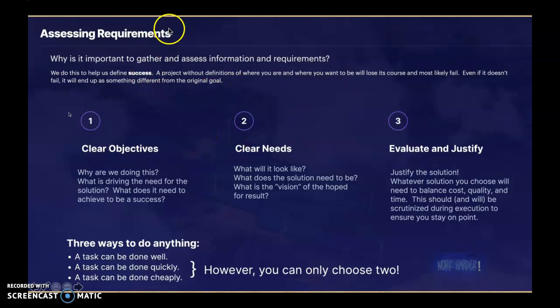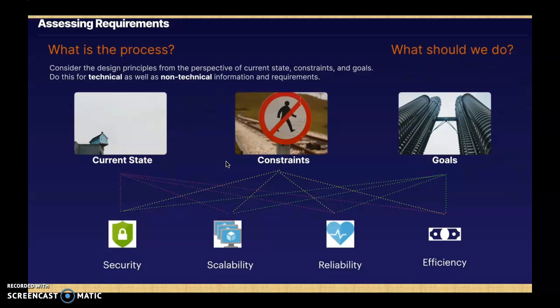Assessing requirements means having clear objectives and clear needs, and evaluating and justifying what exactly you need, why you need it, and where you need it. Then comes the process, current state, constraints, and goals. And everywhere you have to consider security, scalability, reliability, and efficiency.